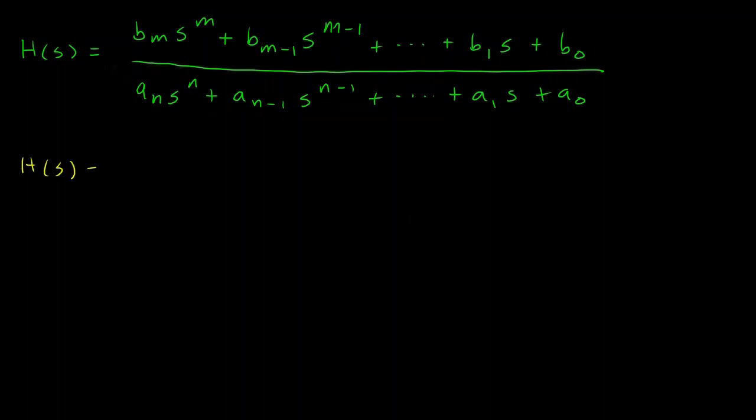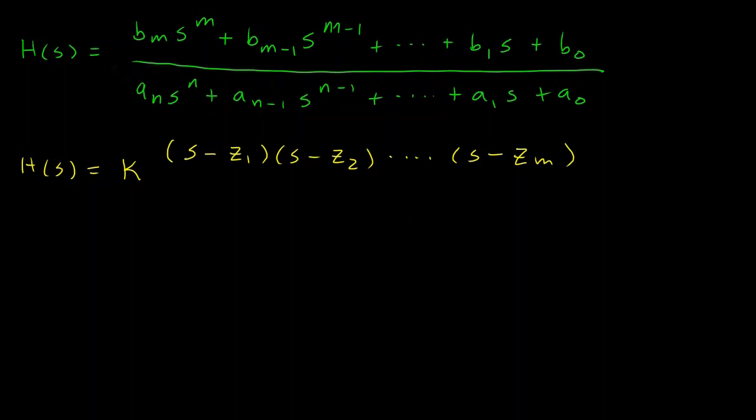H of s equals some constant value k, that's just a real number, and then in the numerator we would have s minus z1 times s minus z2 all the way up to s minus z sub m, because it's a degree m polynomial in the numerator.